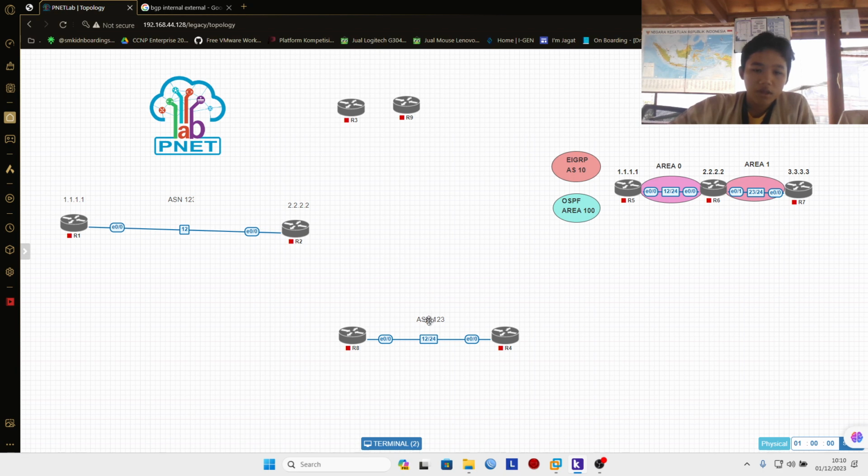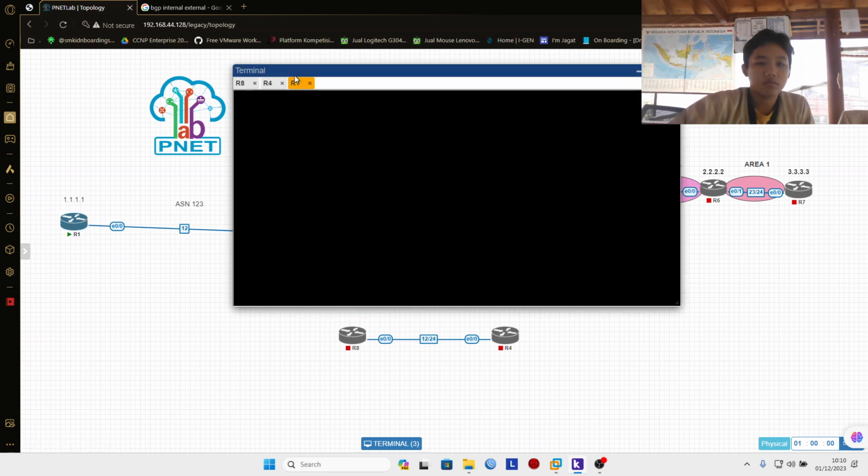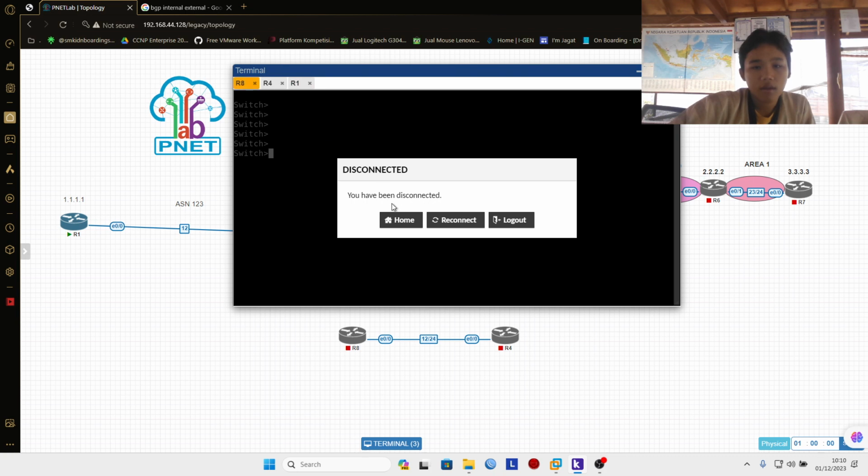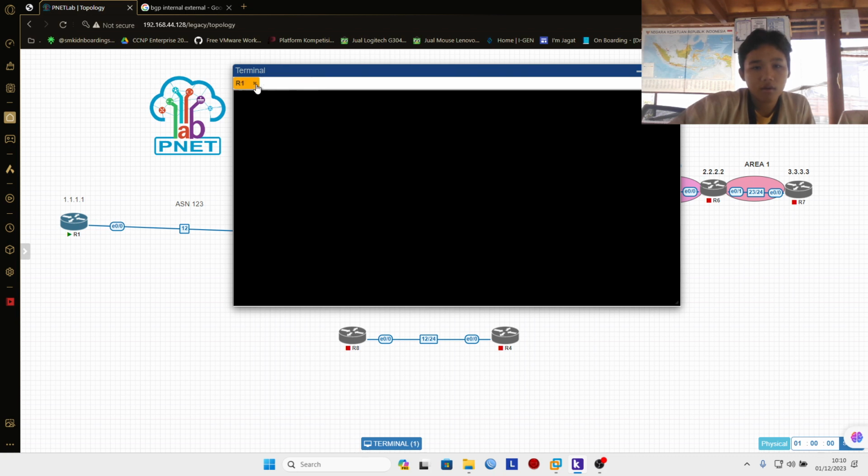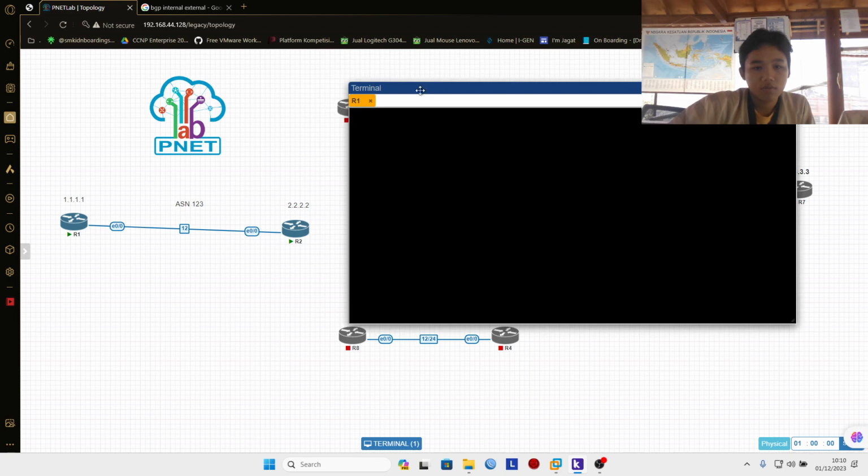In this lab, the autonomous system is 123. Okay, done. Make sure to start it. After starting, wait a minute. The router's booting process is much longer than a switch.